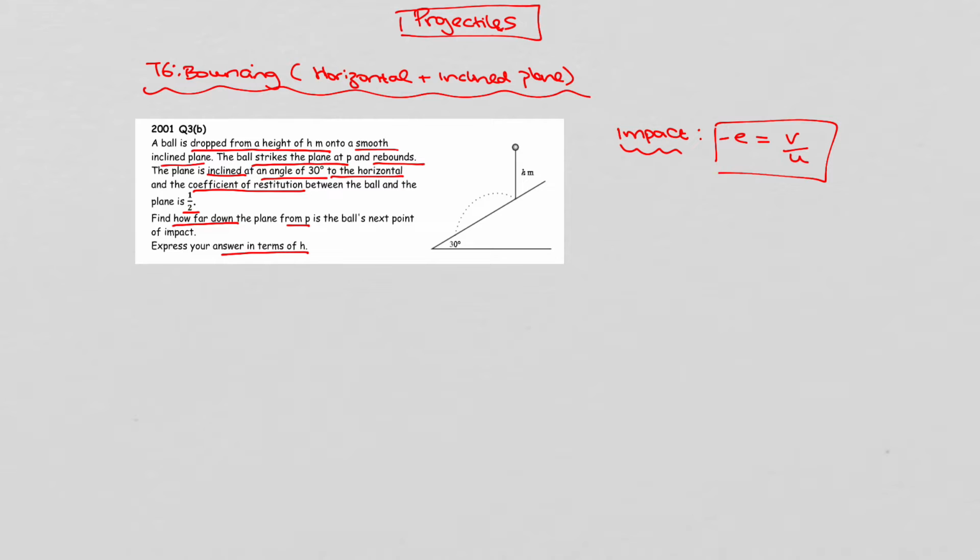Let's have a closer look at this diagram. For setting up our table, what we need to know is the velocity of the object as it starts off on its projectile path down the hill. So we have to work out the velocity after the ball has had impact with the surface.